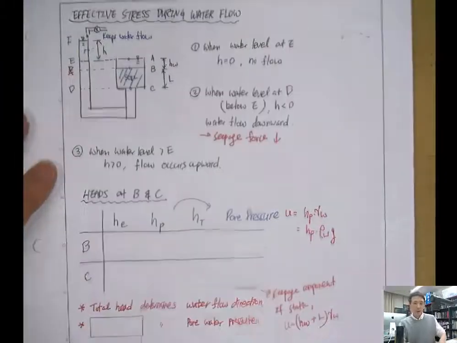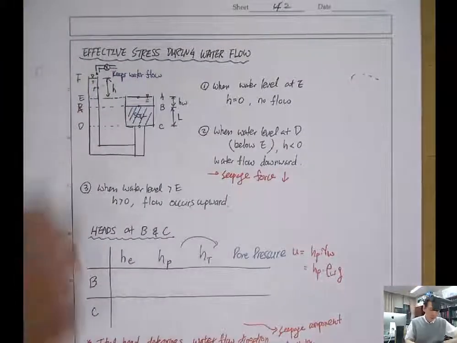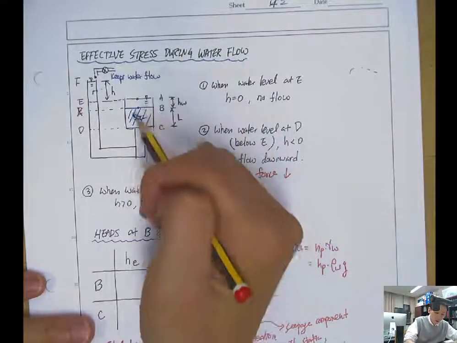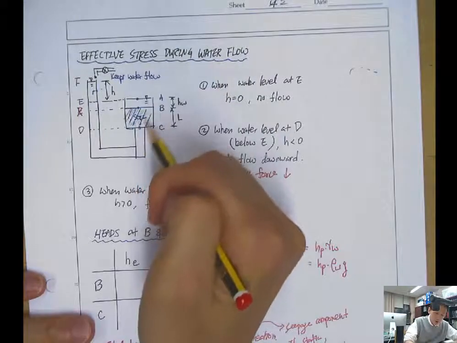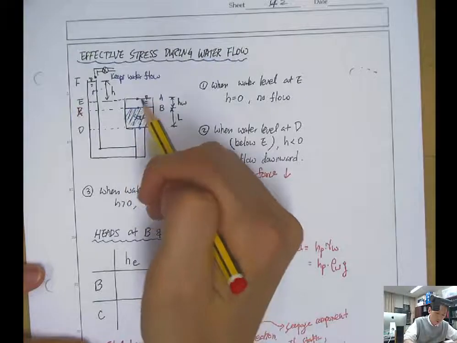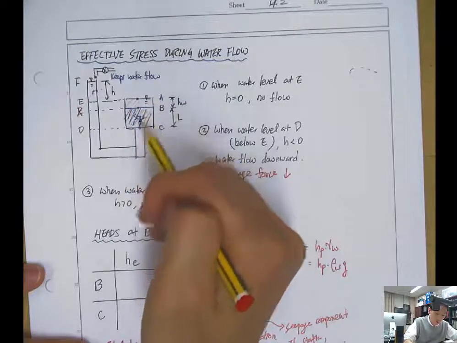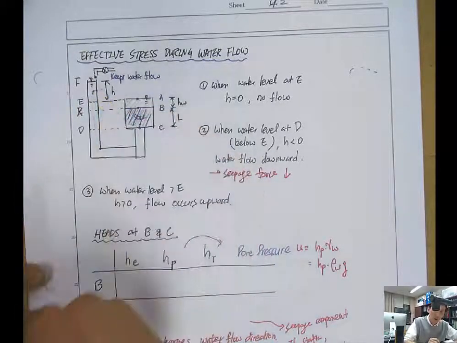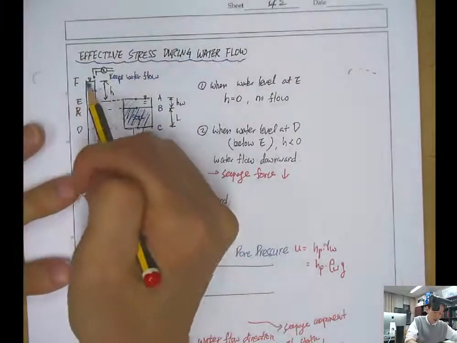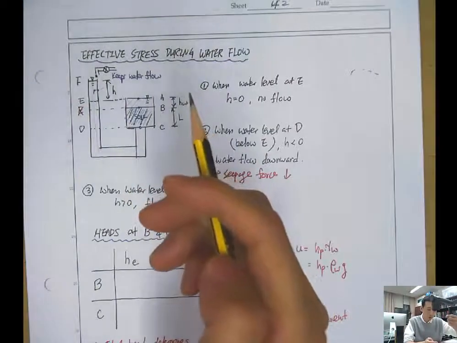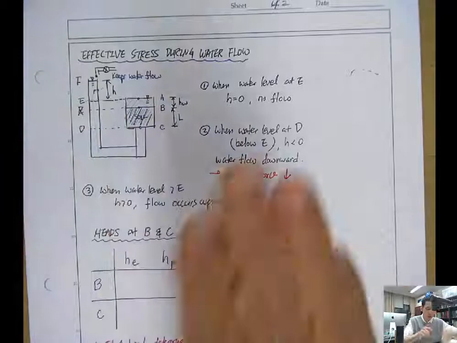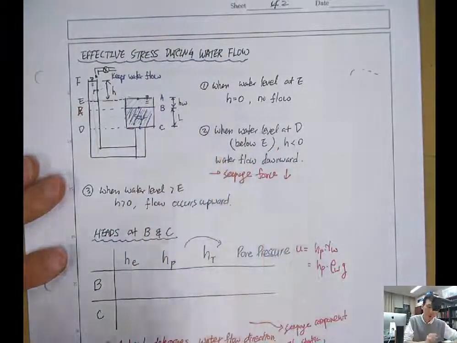So let's look at this diagram. It looks kind of complex, but you have soil in a container, and it's all filled with water, up to the pipe. And you can control the pipe height, bringing it up and down, so that you can control the water level in the water reservoir at the right side.